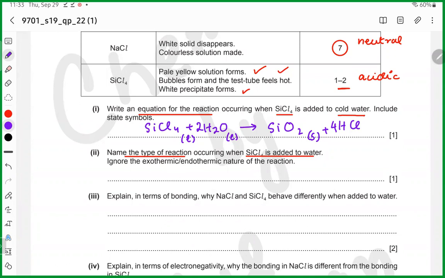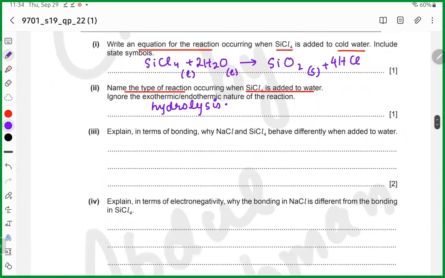So whenever a molecule is broken down into simpler ones by reaction with water, that reaction is considered hydrolysis. So the type of reaction is hydrolysis. Is this clear? Yes. Okay.